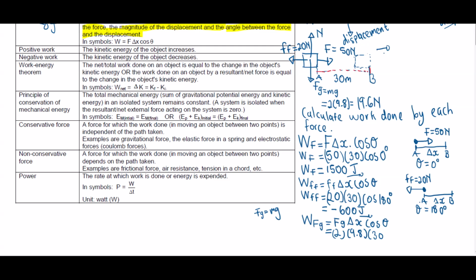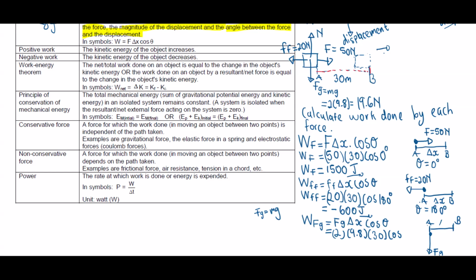And then we take the cosine of theta. Theta is the angle between the force and the displacement. Looking at this, the gravitational force is going exactly downwards, and the displacement, A to B, is going to the right.